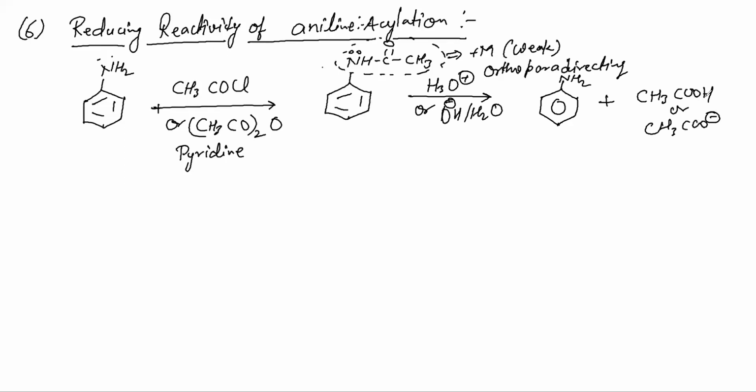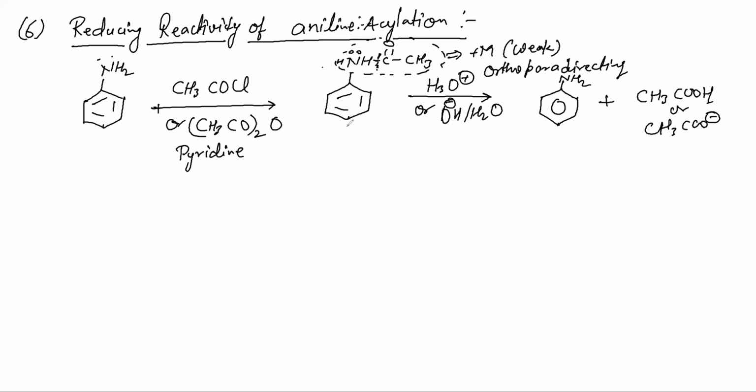If acidic medium, you will get CH3COOH. In basic medium, you will get CH3COO-. This is nothing but hydrolysis of amide. When you perform hydrolysis of a compound containing carbon and nitrogen, this bond is broken. H is given to nitrogen and OH is given to carbon, like that.